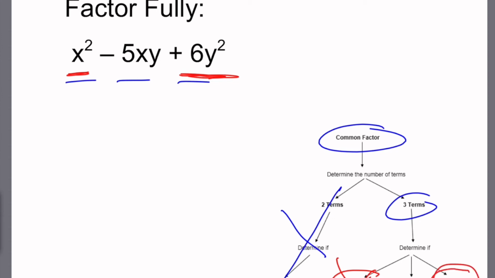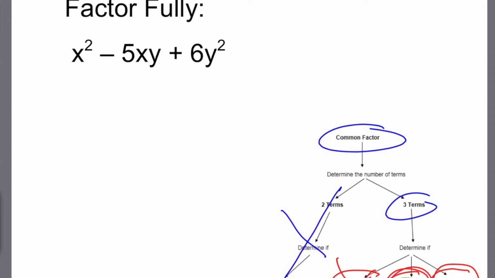For a simple trinomial, we need a 1 in front of the x squared, or no number, which represents a 1. And that's exactly what we have. So we kind of got lucky there. If it was complex, there would be some value in front, like a 3 or some number, or a -1.